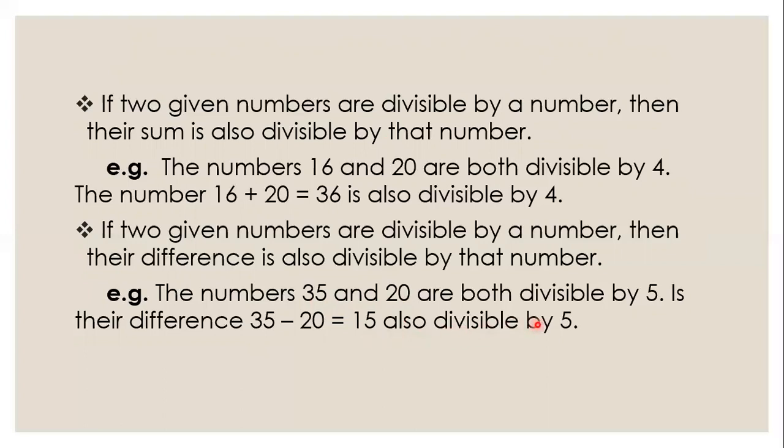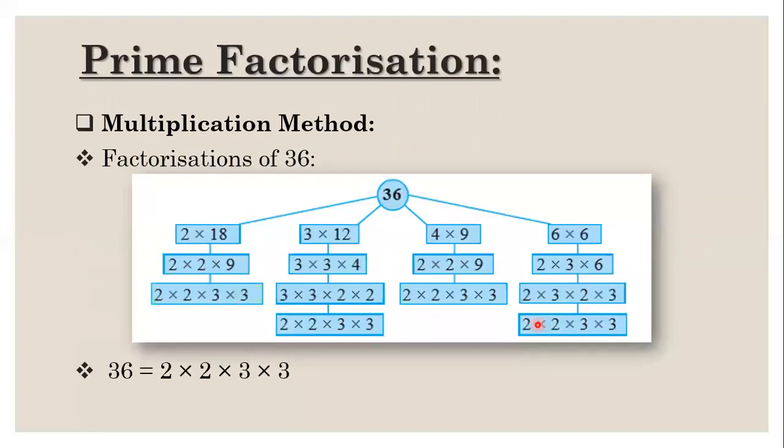Okay. Now, you are going to learn about prime factorization. You have already learned about prime factorization in 5th standard. And for knowing more about prime factorization, again you have to revise the prime numbers. What are prime numbers? Numbers which have only two factors, 1 and the number itself, are called prime numbers.